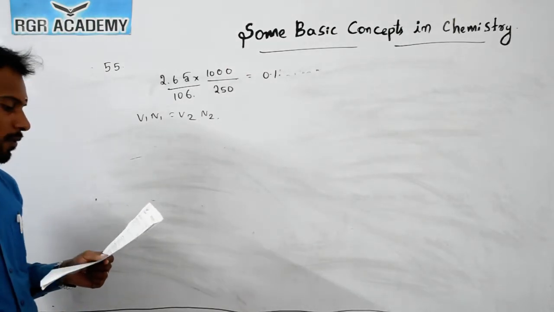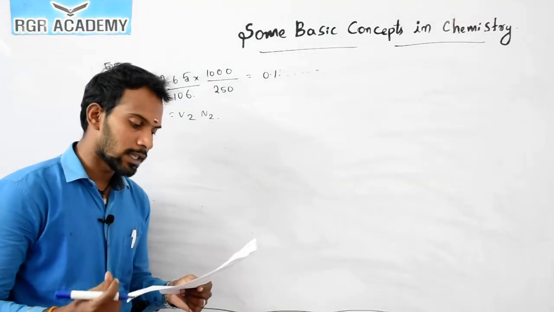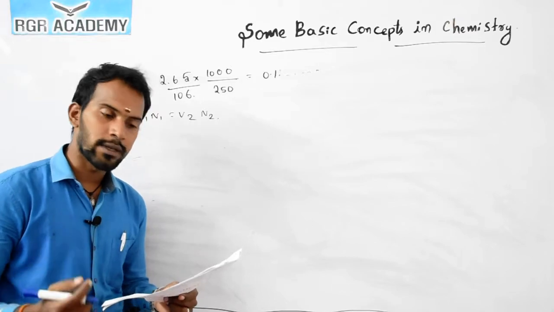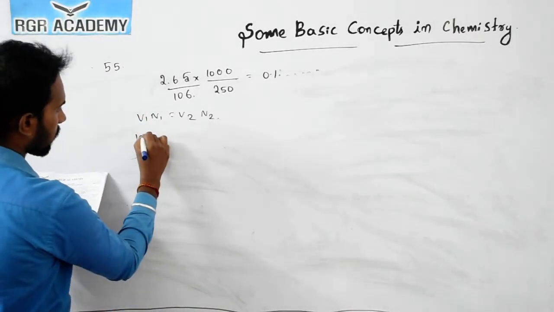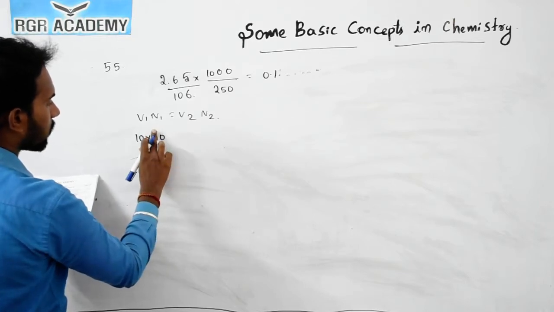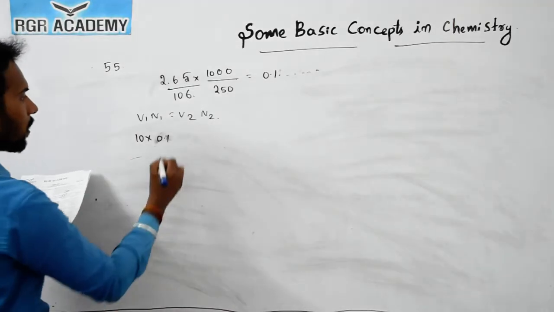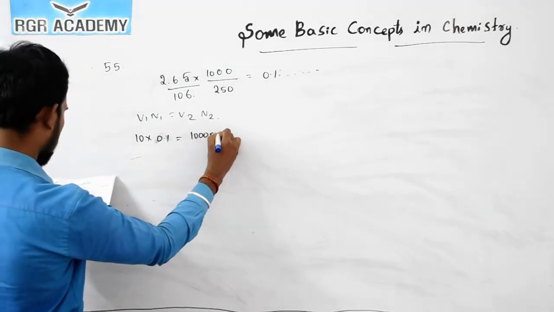Now see this one. So we are going to find out the concentration of the solution, concentration in normality. So V1 is 10, N1 is 0.1 normality, and V2 is the volume, 1 liter. 1 liter means 1000 ml.